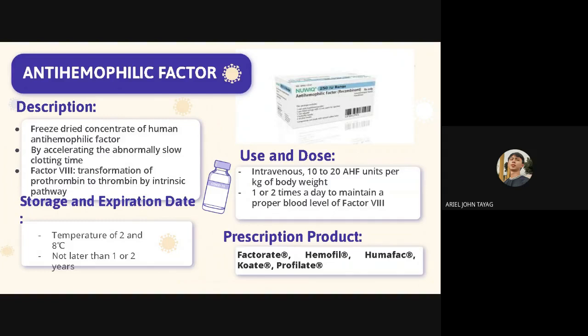For the use and dose, it is intravenous 10 to 20 AHF units per kilogram of body weight, 1 or 2 times a day to maintain a proper blood level of factor 8. And for the prescription products, we have factor 8, Hemophil, Humafac, Koate, and Profilate. So next slide po.